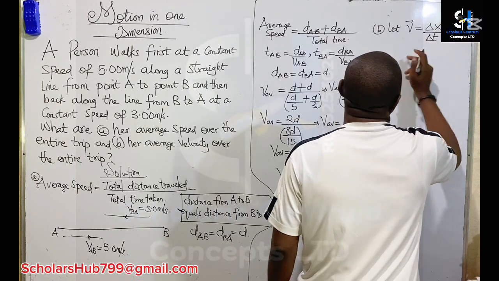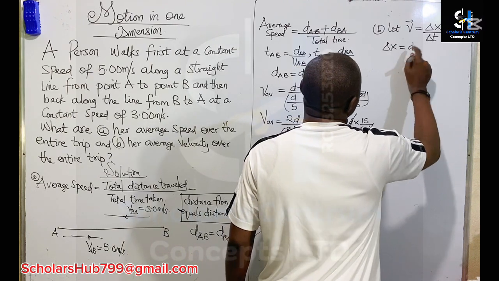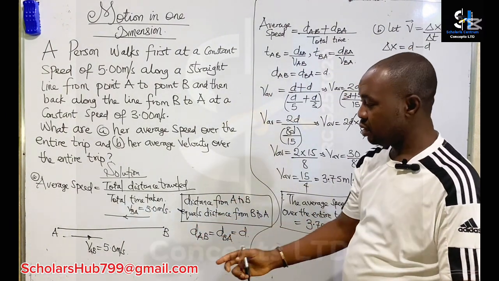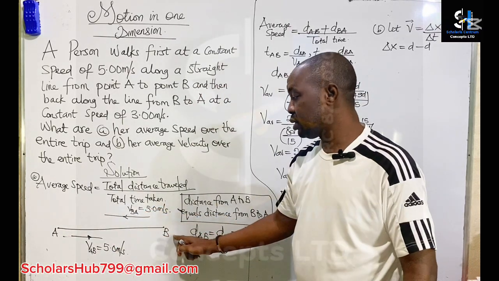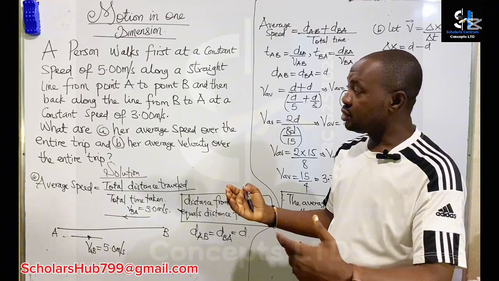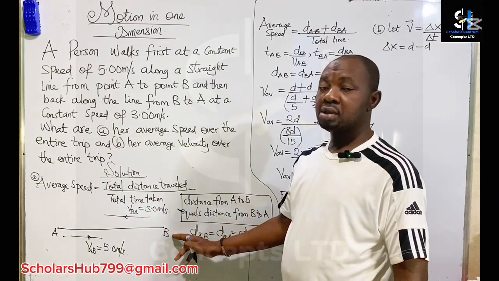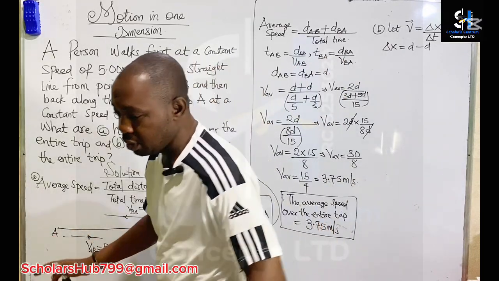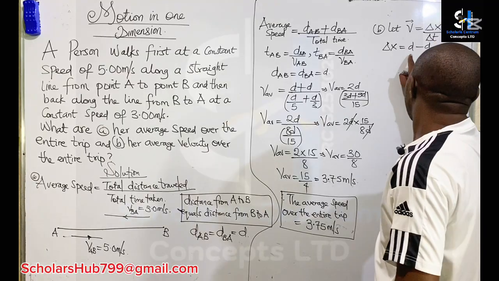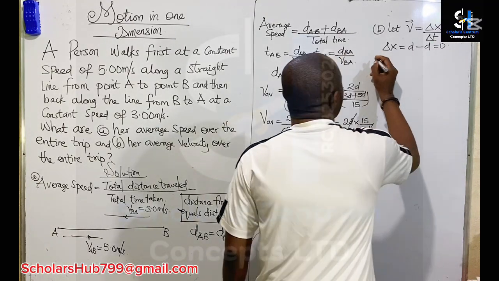The change in position in this case will be D minus D, because she walks from A to B and then from B to A at the same distance. So the distance from A to B and the distance from B to A are equal, and that's what we have here. So this will be 0.